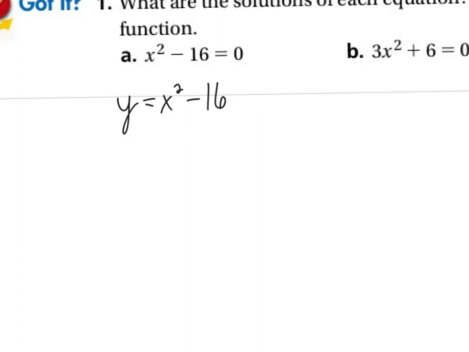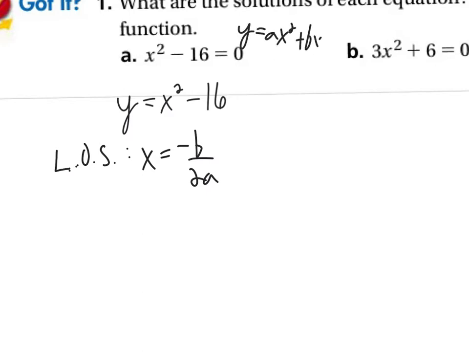So line of symmetry, we would be looking at finding that first. Line of symmetry, x equals -b over 2a. And remember, that's based off of y equals ax squared plus bx plus c. This does not have a middle term. It doesn't have an x term, so our b is really 0, which we've talked about before.